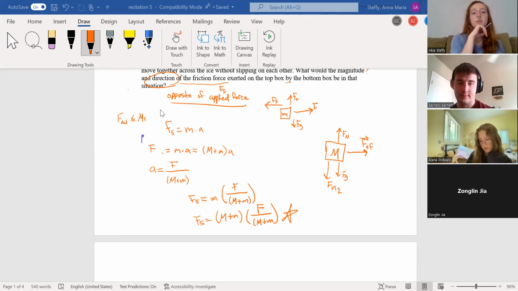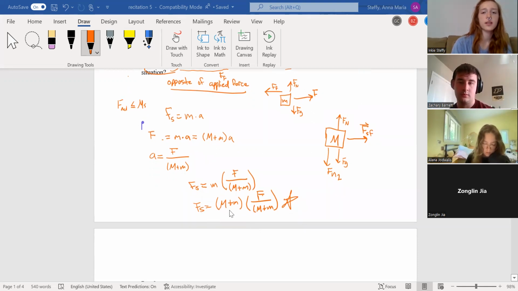Then that's mass times acceleration, and the mass is of the system with my 2 boxes. Then I solve for acceleration, and then I can put it back into basically another Fs. And then this is also the 2 masses, which looks like mu or something, a friction constant, but it's not.